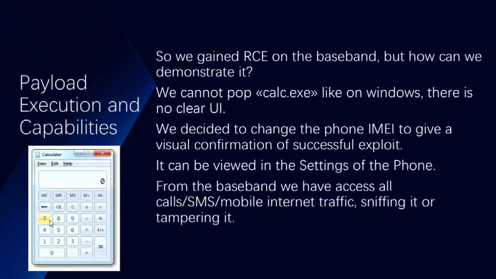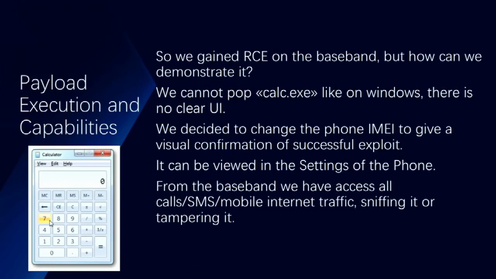Okay, Marco. So at this point, we gain remote code execution on the baseband, but we are at a competition. We need to provide visual confirmation to the judges. But the problem is there is no display on the baseband. There is nothing, and we cannot just pop calculator like on Windows because there is no UI.